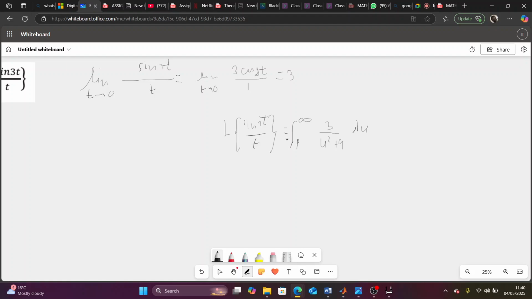Okay, what is the integration of 3 over u squared plus 9 here? It's the tan inverse. I see where you are going, my friend.